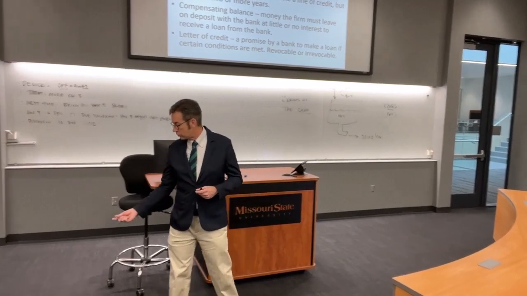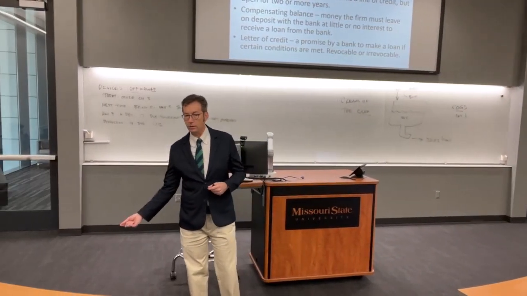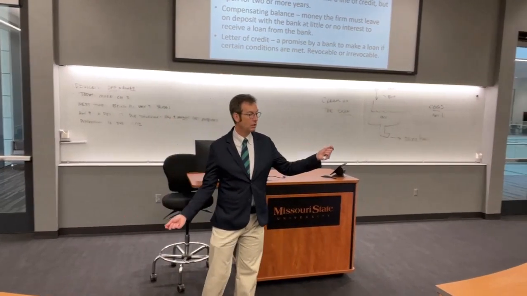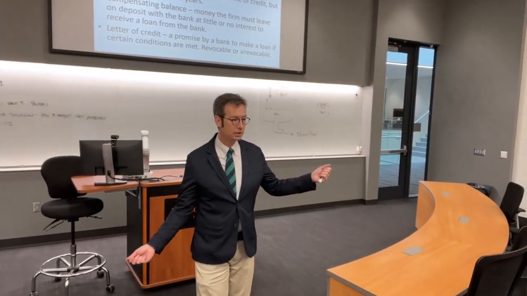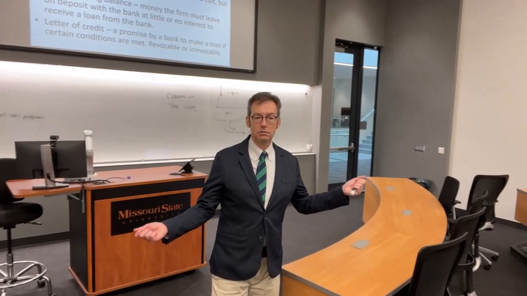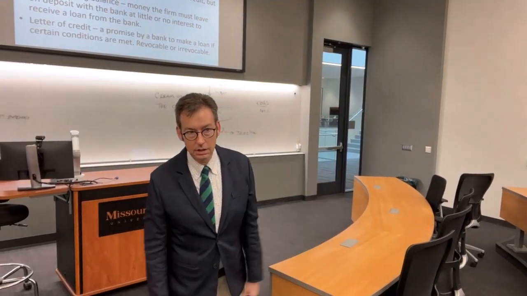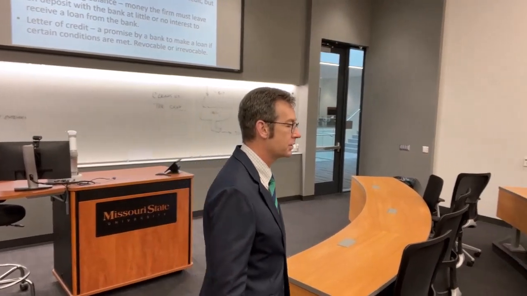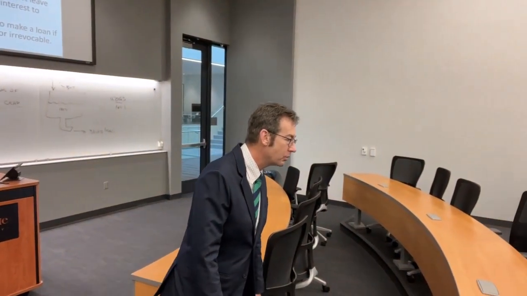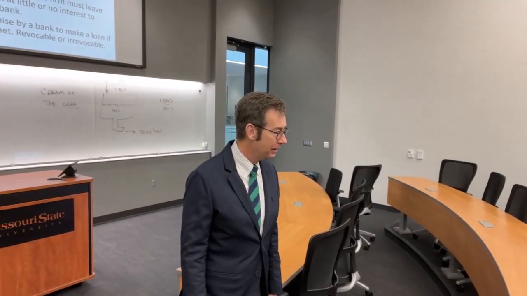Remember earlier we said the short-term borrowing typically has a lower interest rate than long-term borrowing. What might the temptation be for firms? I want to buy a new machine. This machine's going to last 10 years. But oh my goodness, they're asking for 12% on it. But I got the line of credit down at the bank for 5%. Why don't we just use that line of credit to buy our machine?